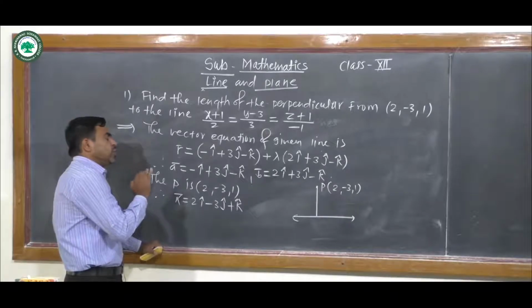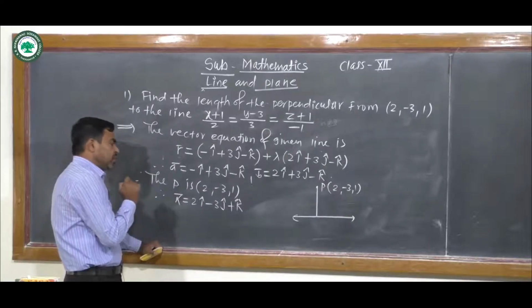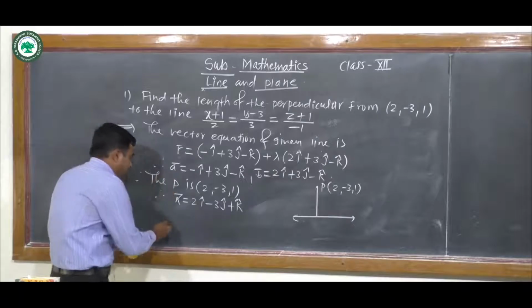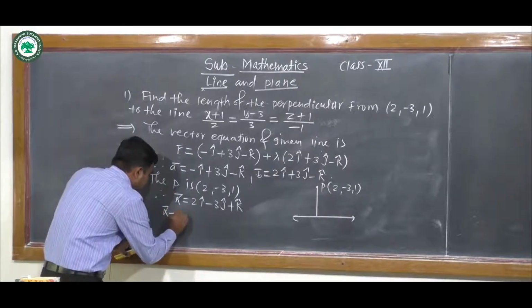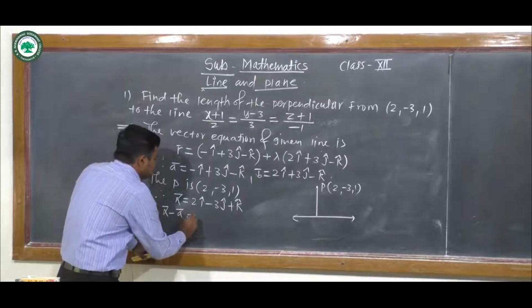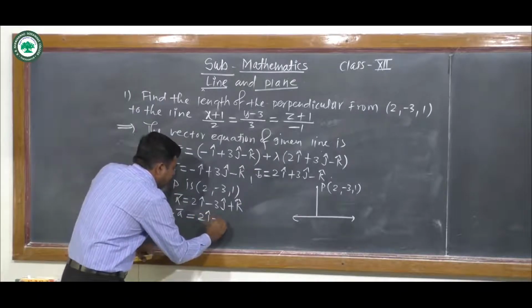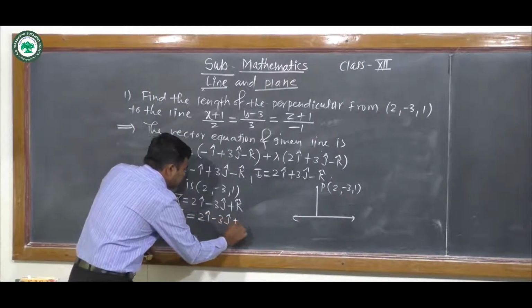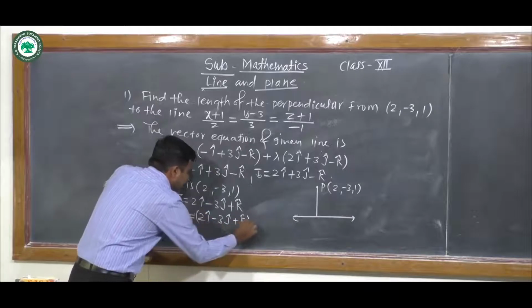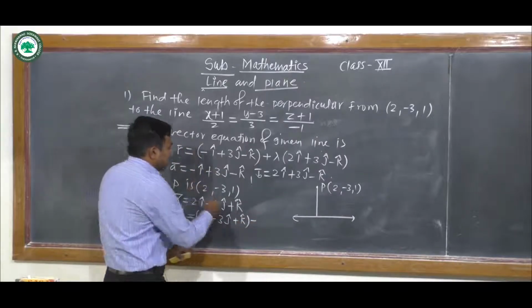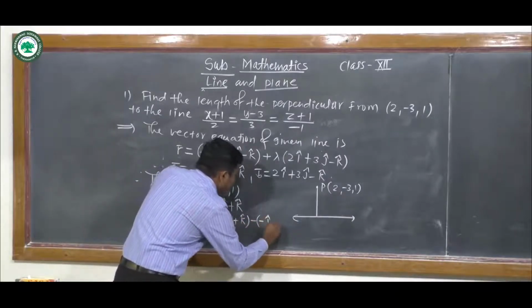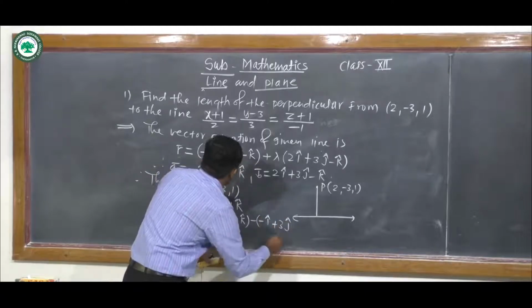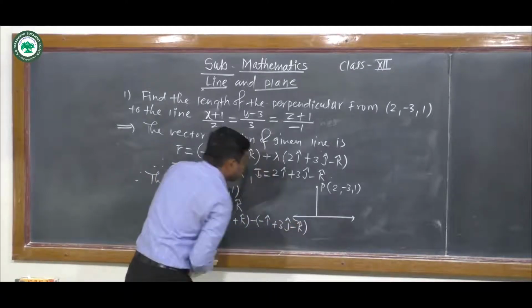So first, to get the shortest distance we require alpha bar minus A bar. Now find alpha bar minus A bar. It is 2i cap minus 3j cap plus k cap minus A bar. What is A bar? Minus i cap plus 3j cap minus k cap.